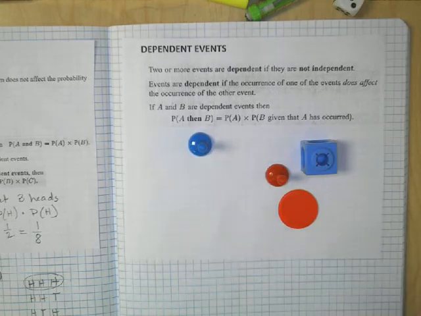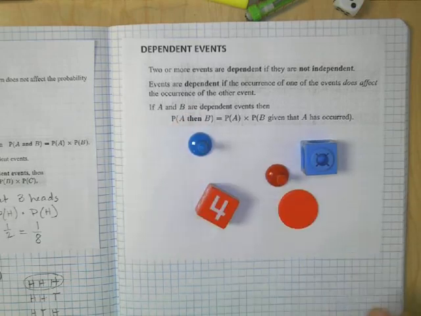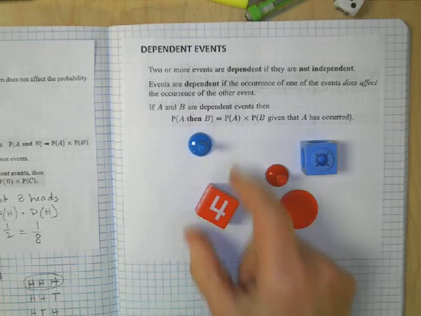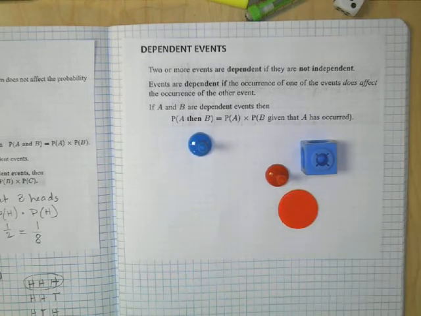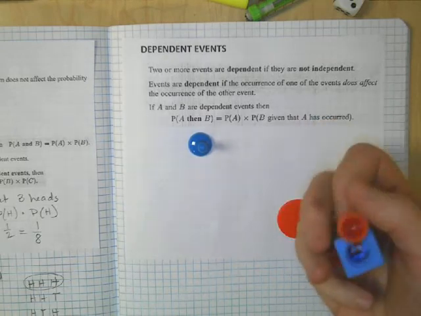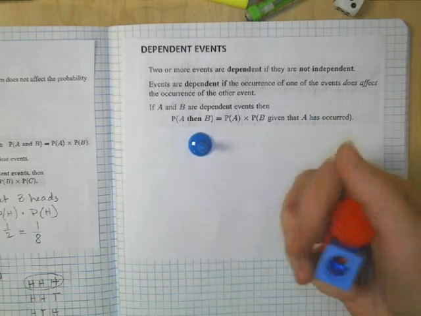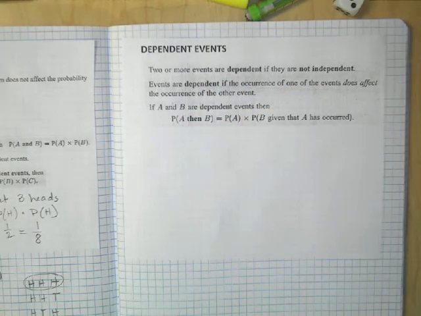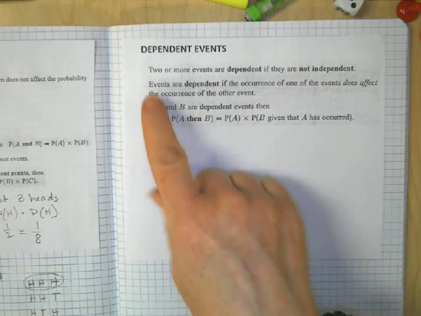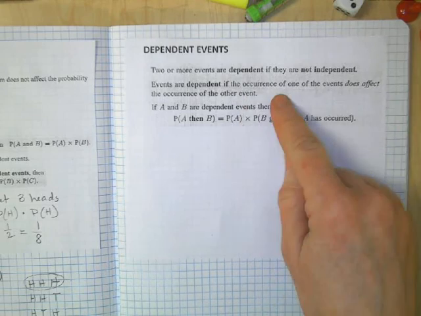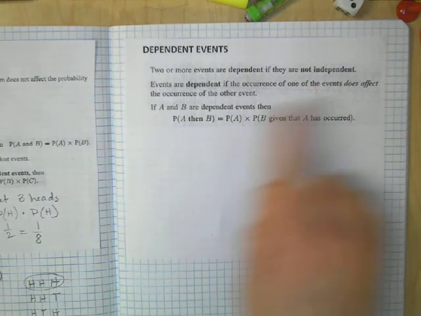So we have to take into account that the first event is actually impacting what's going to happen next. Because if I remove this, I don't have 5 things to choose from anymore. So this is what we mean by dependent events. The first event affects the second event. Events are dependent if the occurrence of one of the events does affect the occurrence of the other event.